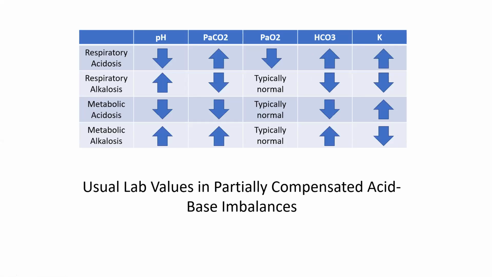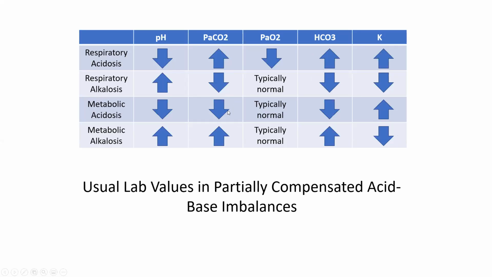Again, if I have gone past that first chart and the blood gas that I'm interpreting doesn't look like any of that, let's move on to see if it's partially compensated. And again, you'll notice the pH here, this column with our pH levels, they again remain high or low depending on alkalosis or acidosis. Your PaCO2 should look the same again.